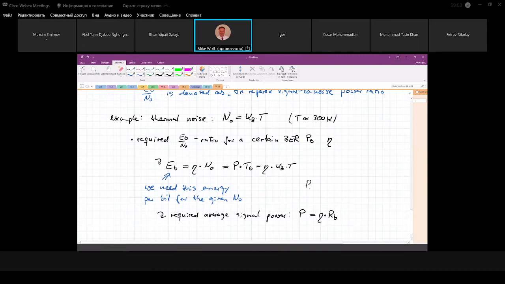Remember, R is just the reciprocal value, the bit rate, times T.